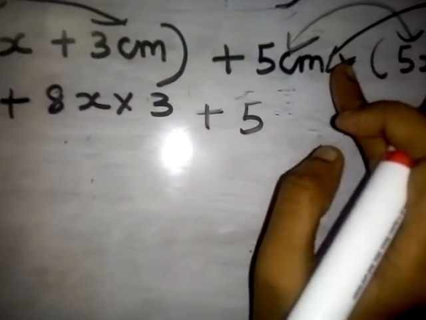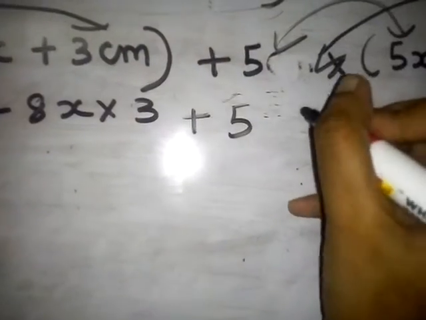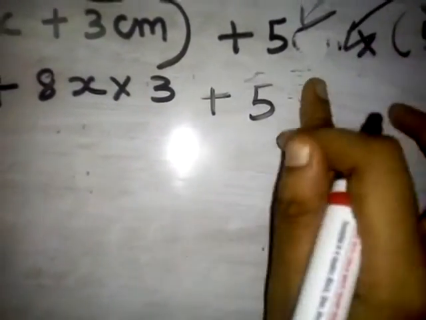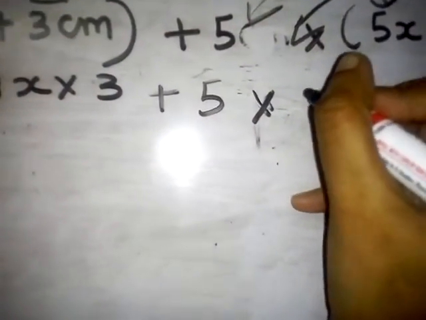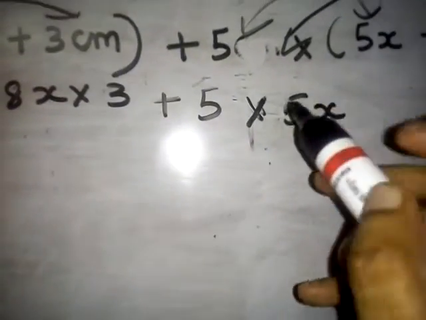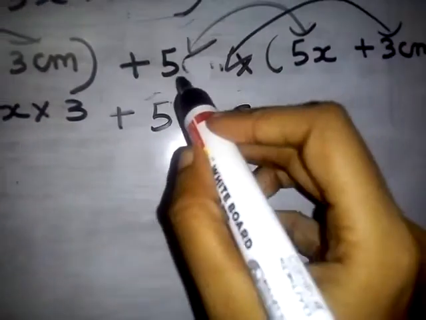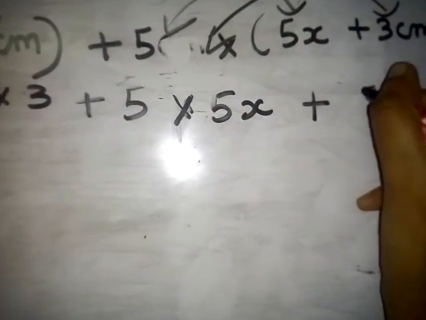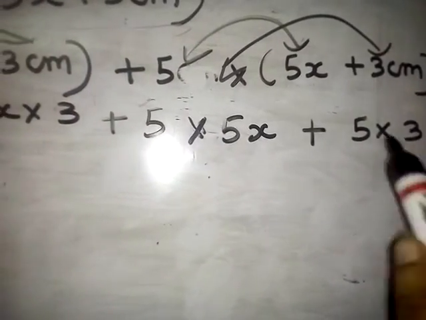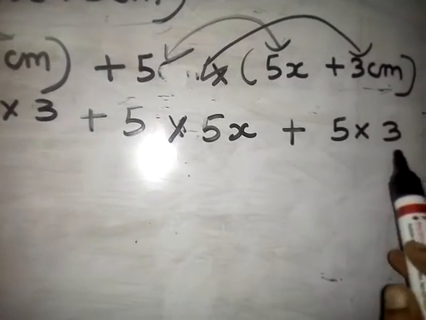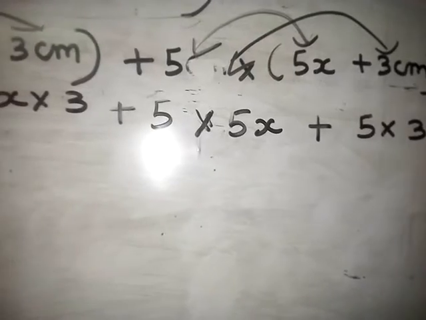Here 5 cm is given in the question, but don't write centimeter when you solve. Plus 5 into 5x, A into B. Now plus 5 into 3, A into C. Don't write centimeter when you are solving. After getting the answer, you have to write unit.